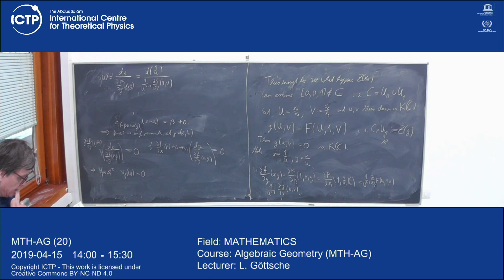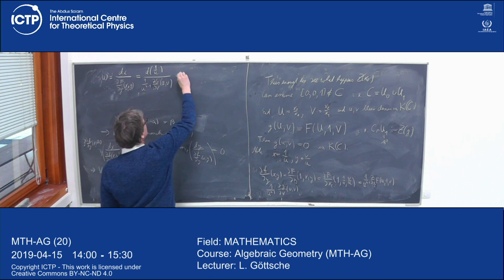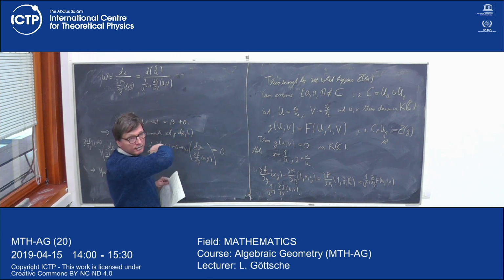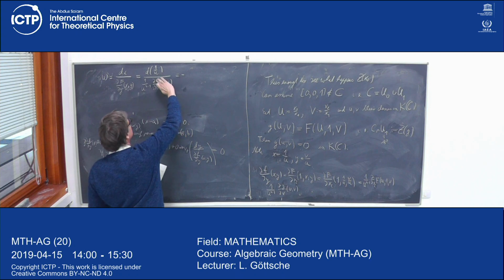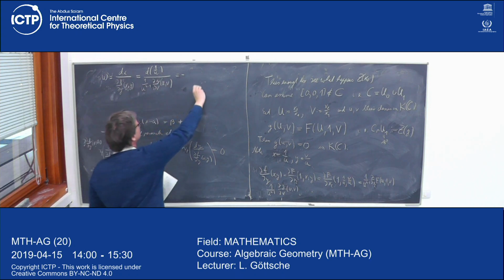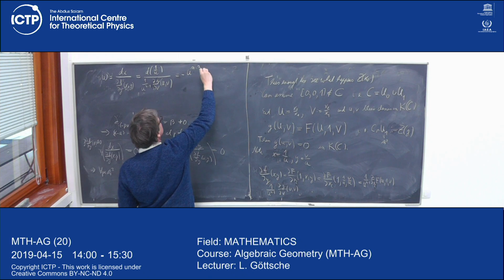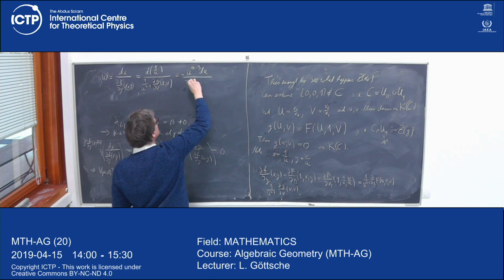That's right. Okay. So what? This is equal to minus what? Yeah, this was maybe a small g and this was a small f. So this is minus u to the n minus 3 du by dg by dv.